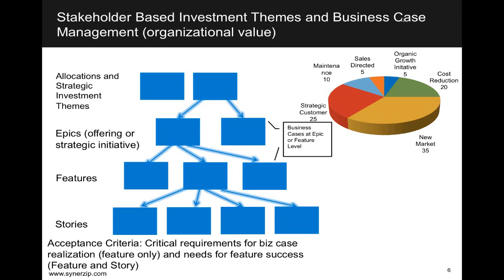It could be a new product that you want to bring to market. Sales has identified a hole in the market that needs to be filled with a brand new product. It could be from an operations team that's saying, hey, we need to really get a handle, or a finance organization, we really need to get a handle around our costs.